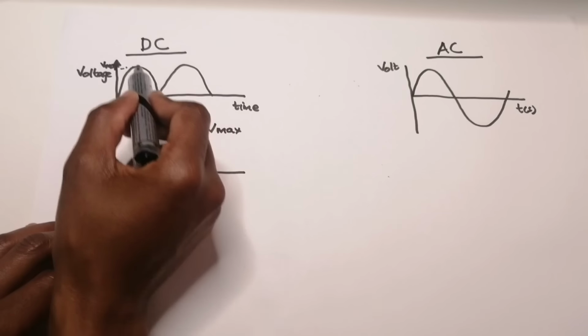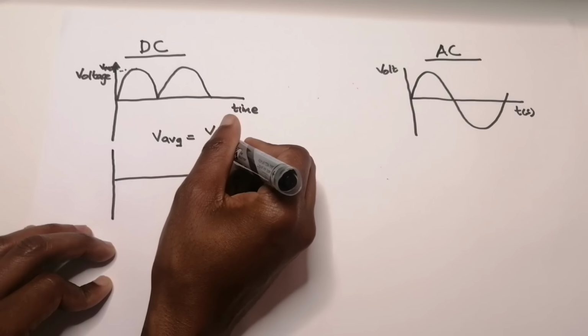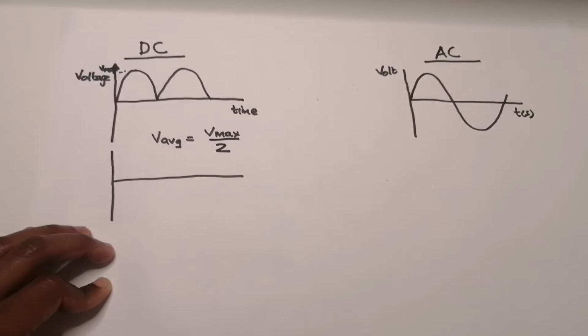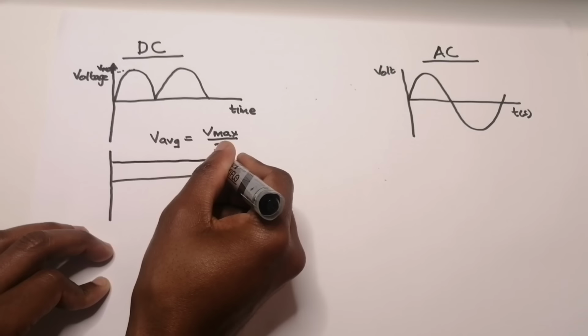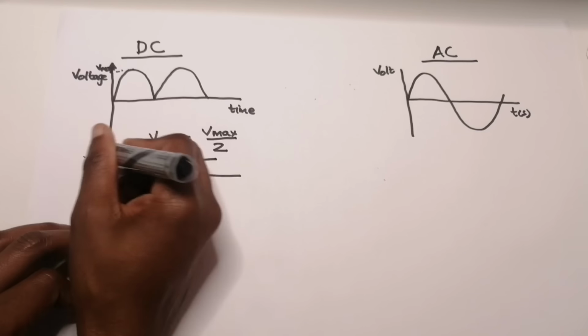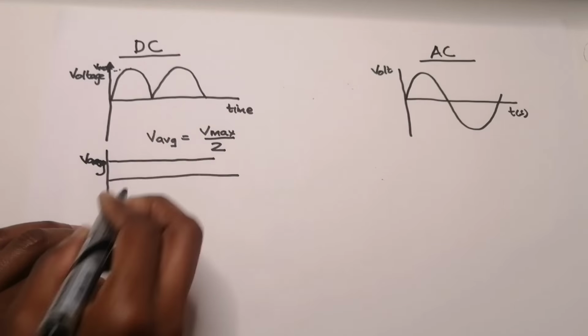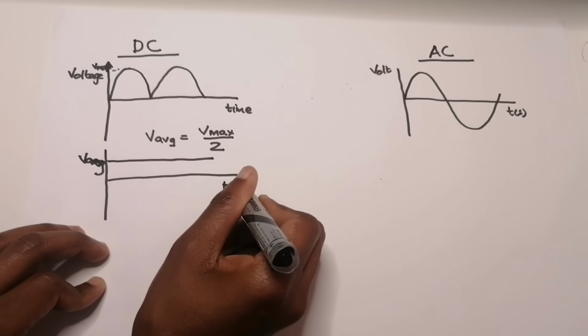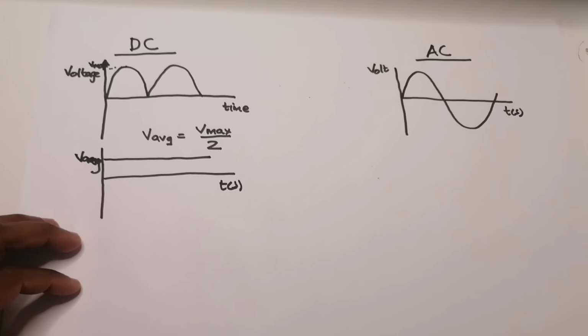Your minimum is 0. So V max plus 0 would be V max divided by 2. That would give us our average voltage. So you end up with a graph like that. This would be our average voltage. Not that you need that quite a lot, but I want to explain something about alternating current.